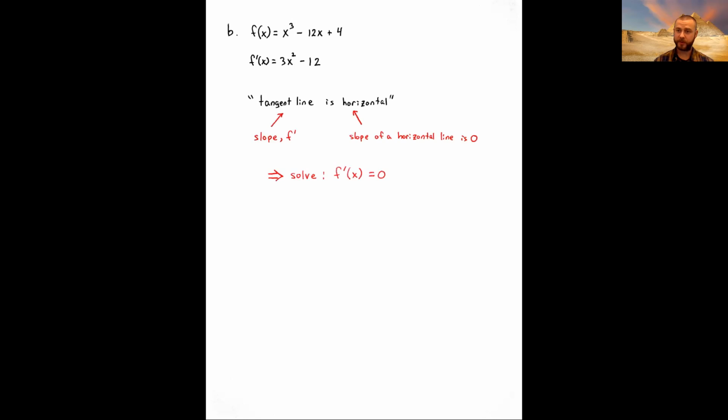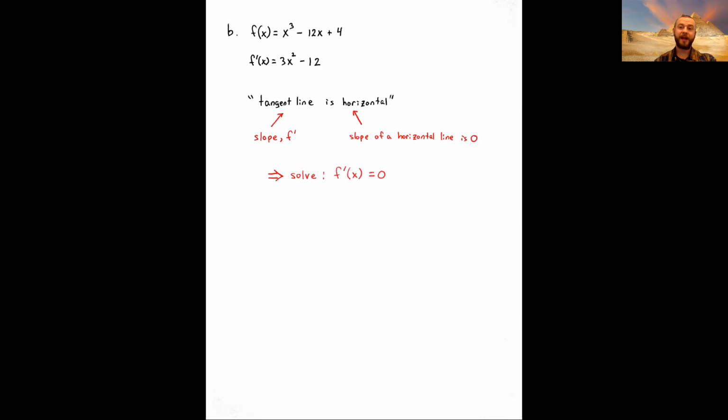The slope comes from the derivative, but since the tangent line is to be horizontal, we want its slope to be 0. So combining those two ideas, we get this algebraic idea: to find where the tangent line is horizontal, we solve where the derivative equals 0.